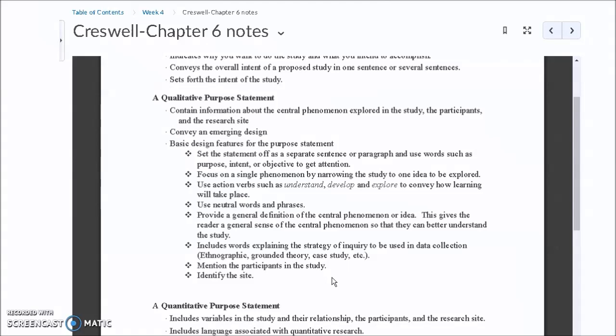Once again, page 119 provides you with a format for the purpose statement. So let's move on. And I also forgot, page number 120 and 121 of the Creswell book gives you several examples that you can use. So here it talks about the purpose of this study was to explore effective social and educational factors. So it's already identifying three variables.